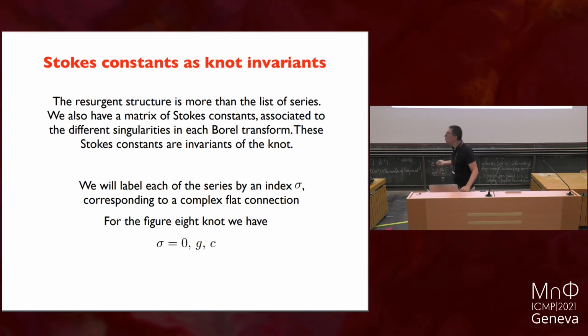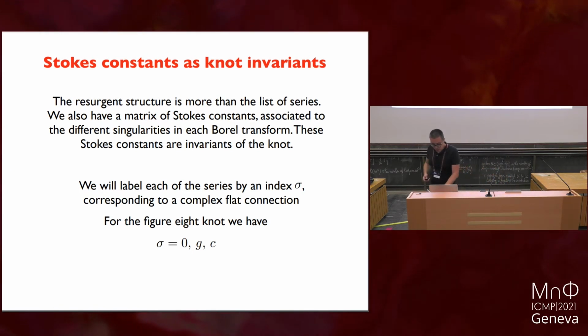So in order to give you an idea of how this goes, I'm going to label each of these series by an index sigma, and this index sigma corresponds to one of these flat connections. So in the case of the figure eight knot, which has been my favorite example, the index sigma will take three values, 0, G, and C. Okay?